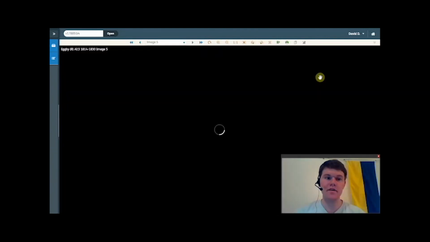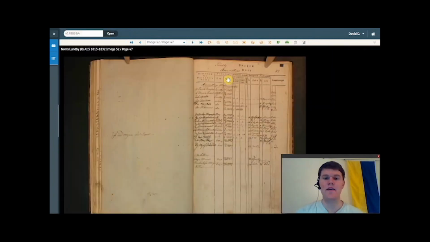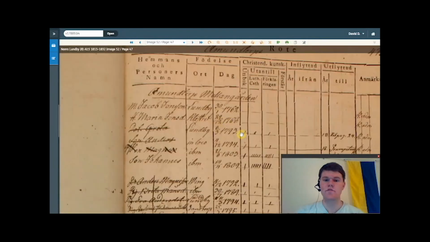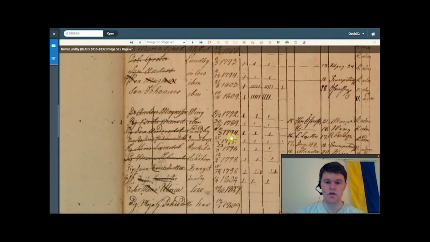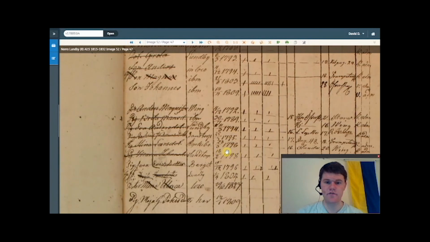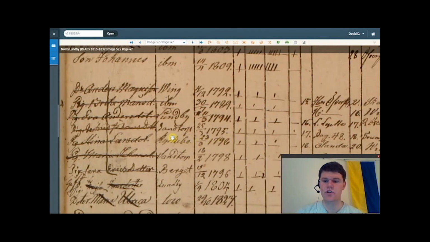And so it didn't happen to be in Varnhem, but it happened to be in one of the related parishes. And so then we go to page 47. We can then start looking for her. So she was born in 1798. Here's a 1798. Here's another 1798. There we go. Stina Larsdottir, born on the 23rd of March.